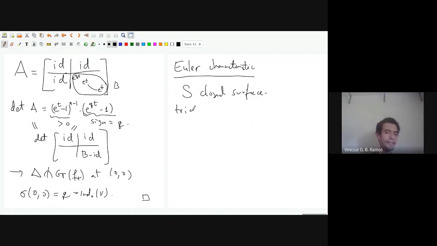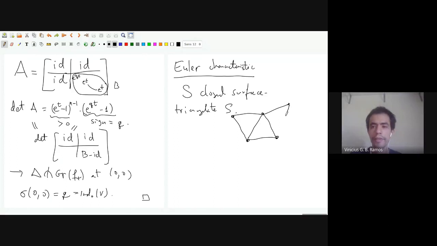This fact itself is not trivial. But if you believe that you can triangulate S, that means you can write S as a union of triangles whose interiors don't intersect and whose boundaries just intersect along the edges. I'm not going to define what a triangulation is, but I think you can imagine what it is. The definition takes too long.